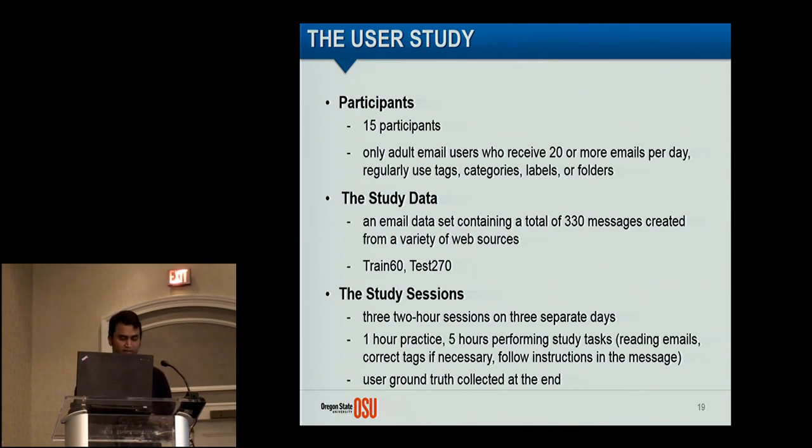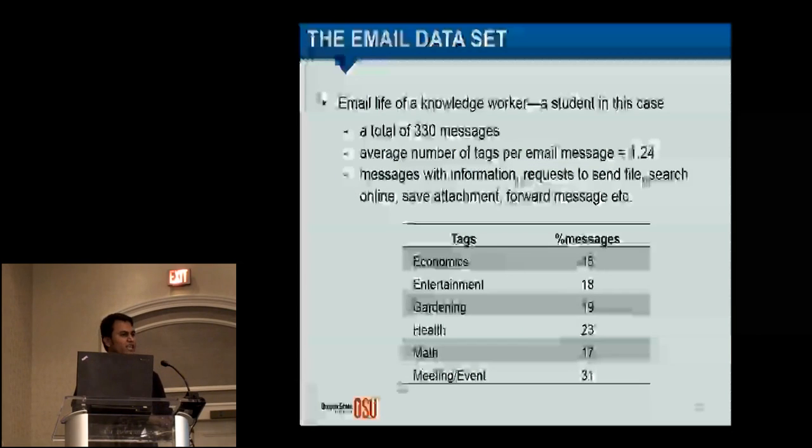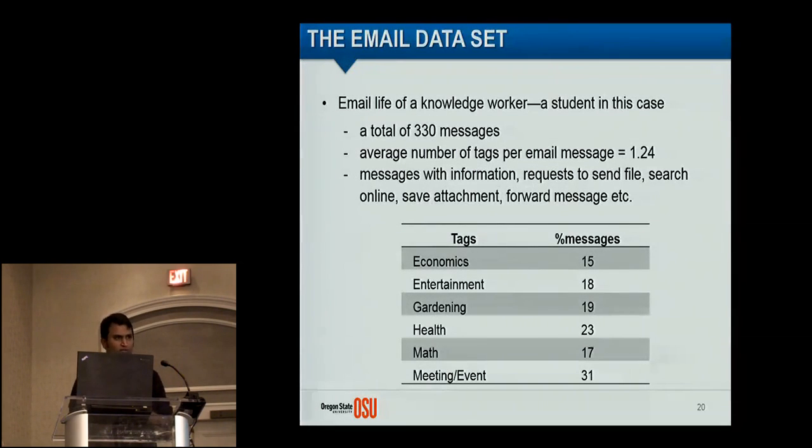A little bit more about the email dataset we created. It was created to simulate a knowledge worker's day-to-day life, in this particular case a student who is taking 2 courses, probably maths and economics, has some hobbies like gardening, attends some concerts, and, as a student, attends meetings, events, etc. Notice that a message was allowed to have multiple tags.